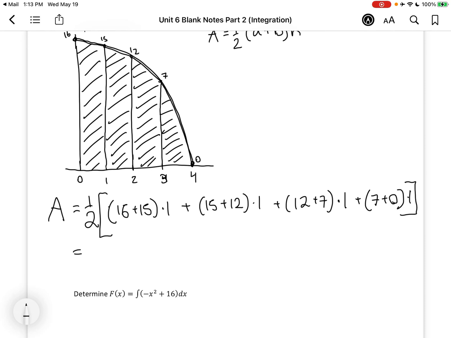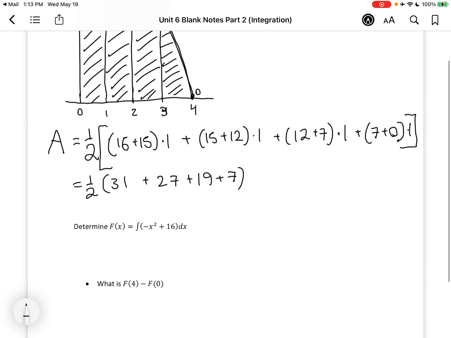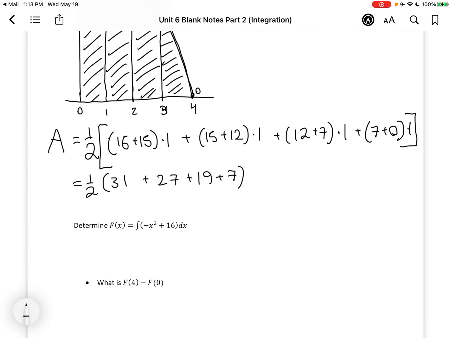And so all together, that is 1/2 times 31 plus 27 plus 19 plus 7. And that is, let's see, 26 plus 27. I'm getting really tired today. I can't do this in my head.